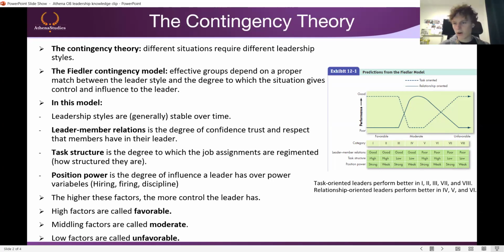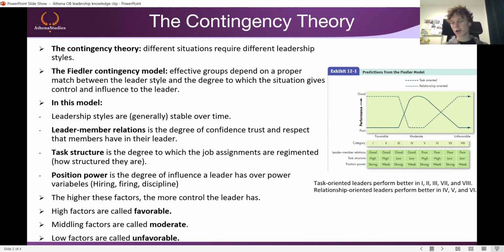But then we also see that moving on to 7 and 8, our very unfavorable situations, task-oriented leadership picks up again and becomes the better performer. What this shows us is, A, it confirms our idea that the effectiveness of leadership styles depends on the situation, seeing the difference between favorable, moderate, and unfavorable situations.